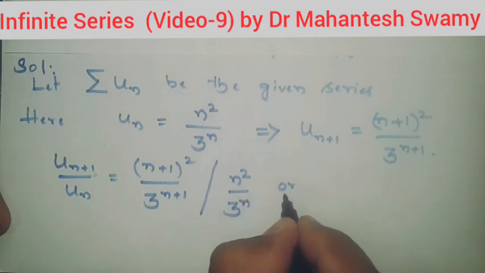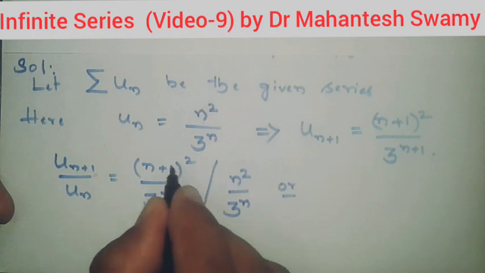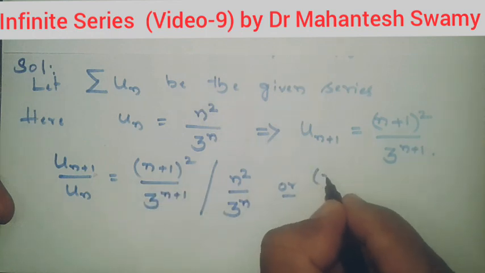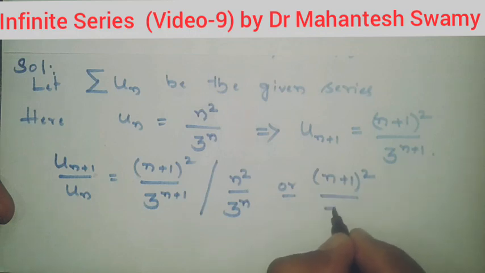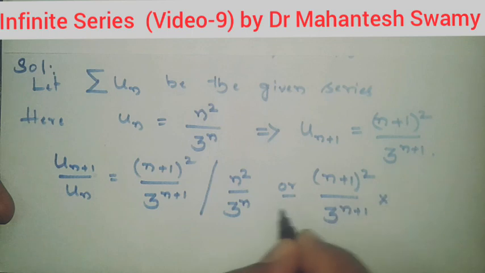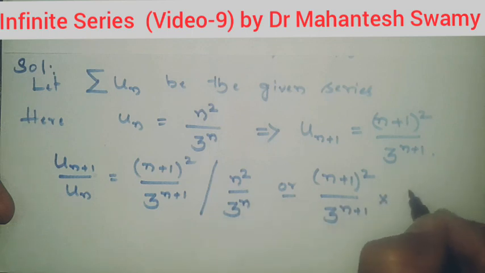Or in a simple way, keeping the numerator first as it is, it is better to write the denominator in the form of its reciprocal directly in the numerator.